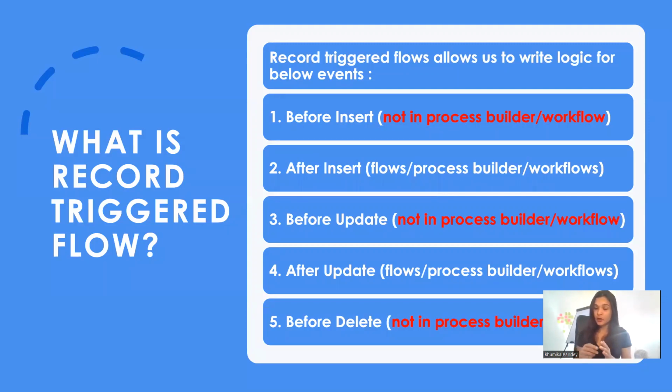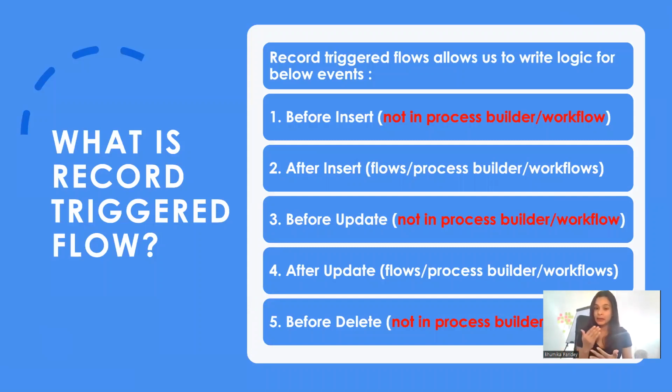For example, when you're inserting an account, in process builder all you can do is build the logic for anything that has to happen after the record is inserted or saved in the database. But if you want to perform anything on before insert, your process builder is not efficient enough to do it. There are no options available, and the same thing goes for workflow.